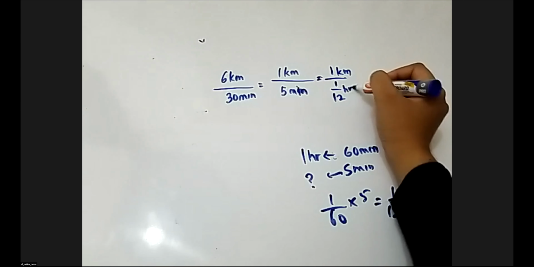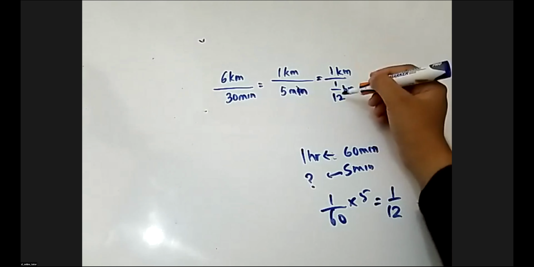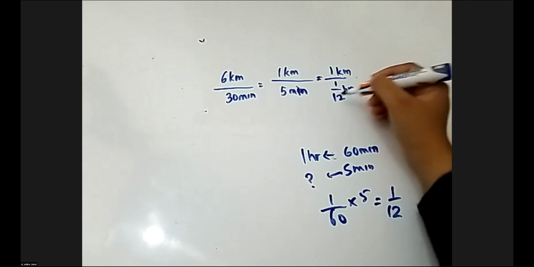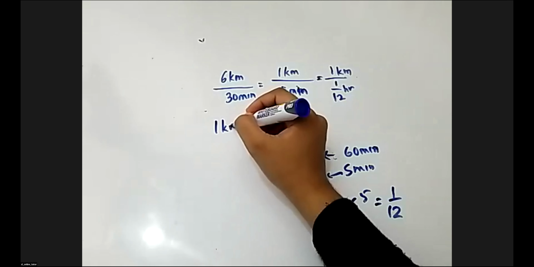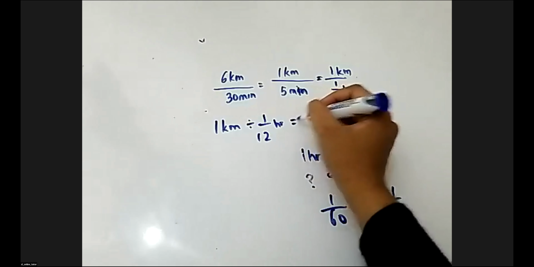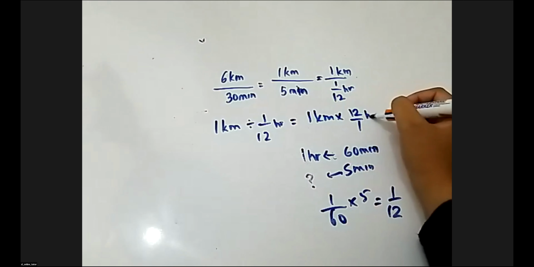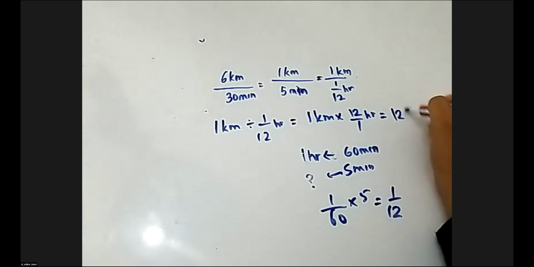Kilometer, and this is hour. In fractions, we are teaching you how to do this one. You have to take the method. Here, see, 1 kilometer should be divided by 1 over 12 hours. That means reciprocal. 1 kilometer into 12 over 1 hour. What is the answer? 12 kilometers per hour. See how easy.